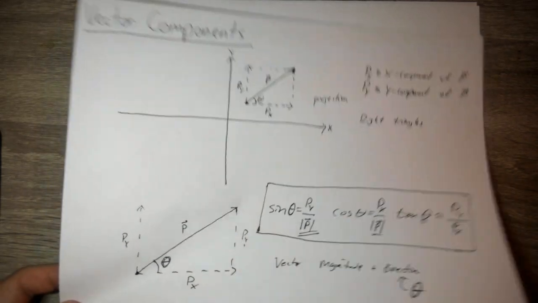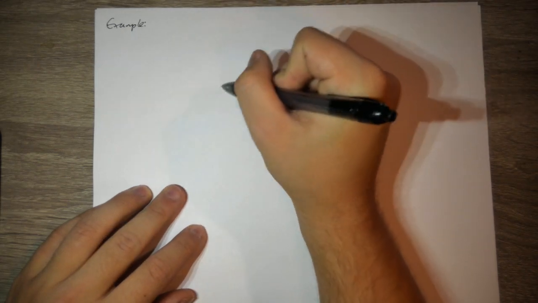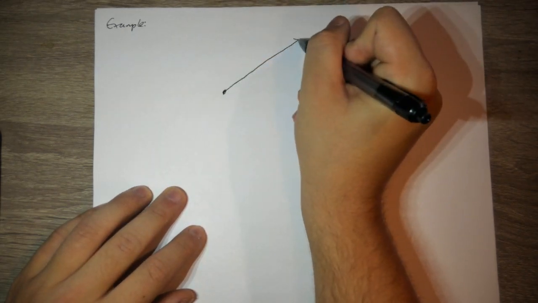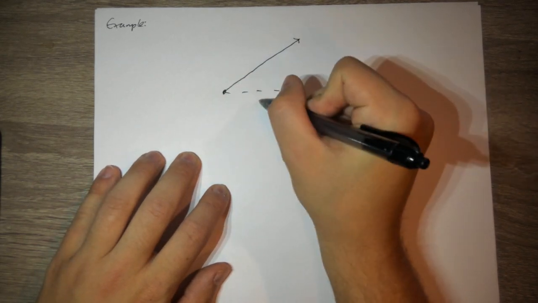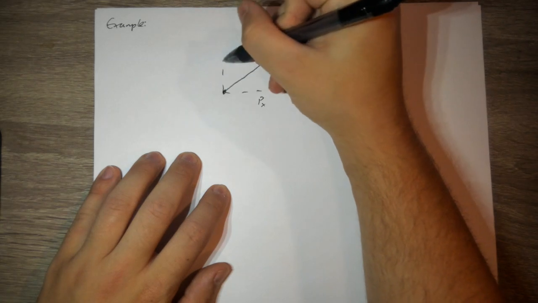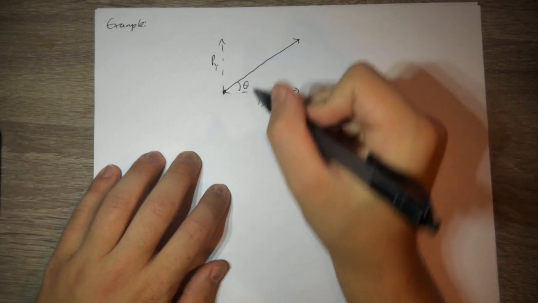Now let's do an example quickly so we can see it in practice. I'll draw a similar looking vector, like so, with an x component and a y component with an angle here.